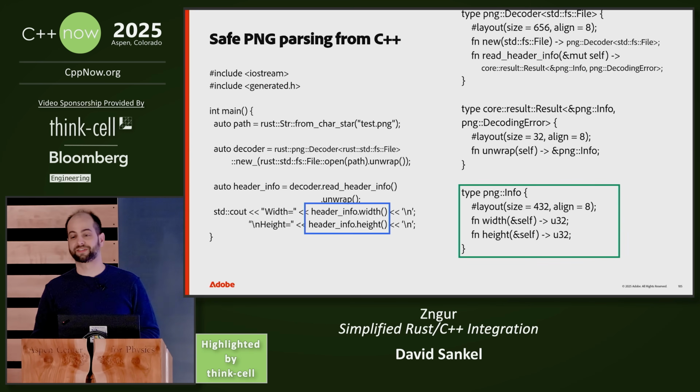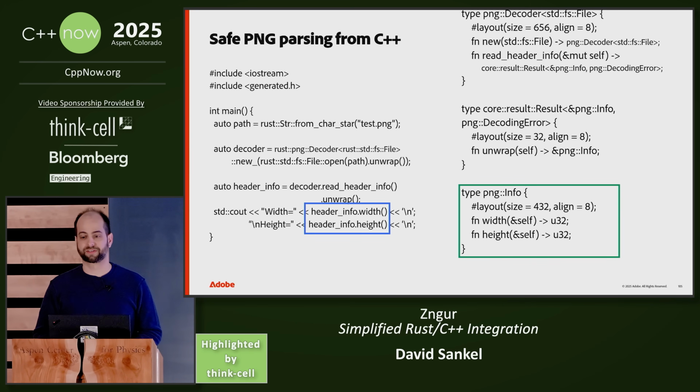Somewhat flawed, but Rust does have the ability to declare a struct as having a C layout representation, and then you can add all of your methods to it. That would give you a more stable interface into the C++ and potentially allow you to auto-generate the hash layout, although Zngur doesn't have that capability.